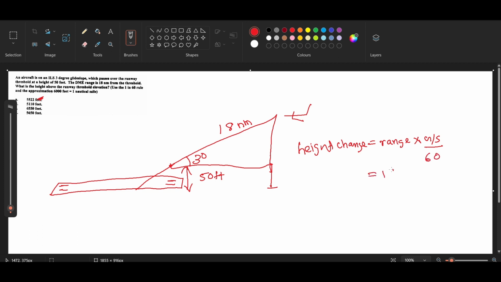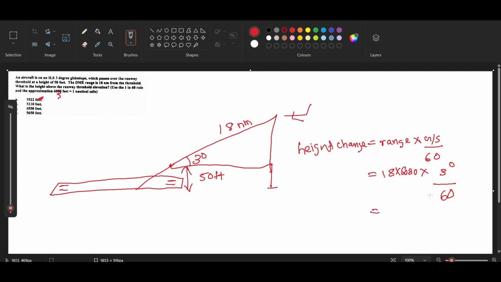So range here is 80 nautical miles into glide slope 3 degree by 60. So 4 nautical miles. We have to convert it into feet. In the question, it's given you can use 6,000, but we'll use the exact value of nautical mile to feet conversion. So it's 6080.